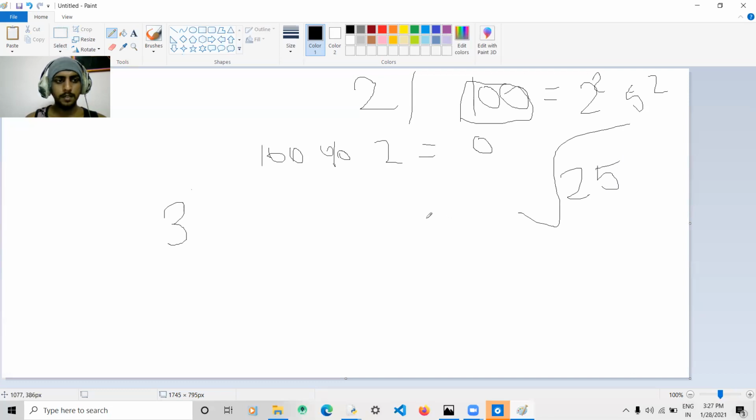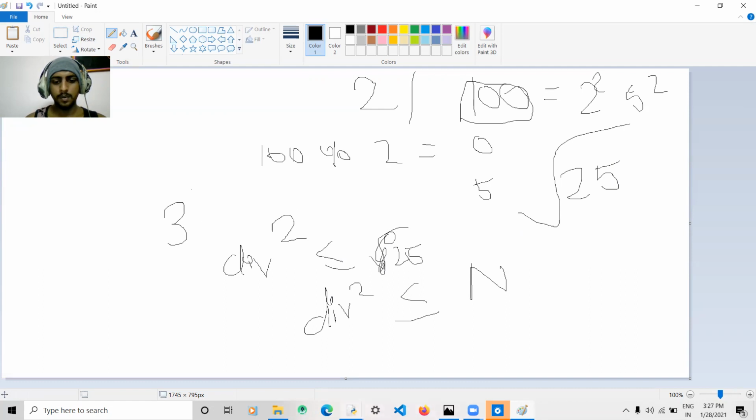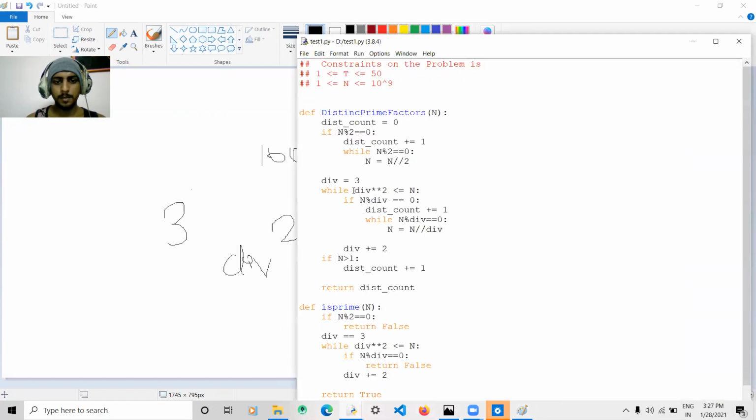We do root 25, that is 5, and we look for all the divisors less than or equal to root 25, which is the same as saying take the square here and remove this. So div square is less than or equal to n, and that's what the next loop is about.